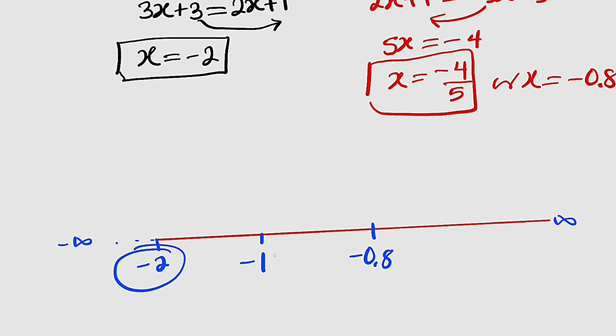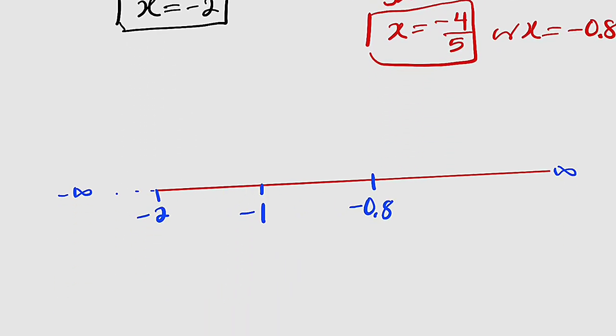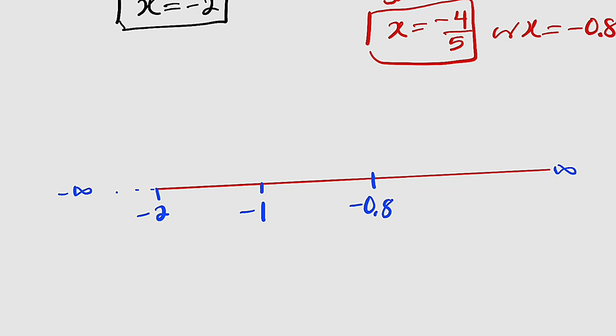I'm not going to test for these three numbers because I know they will not satisfy the inequality. But had it been greater or equal to, I know that the critical points would satisfy. So instead, I'm going to test for some numbers in between the critical points. In between here, I could have negative 1.5.